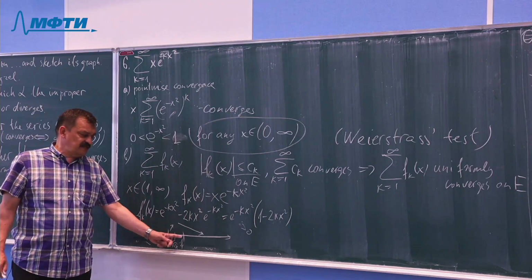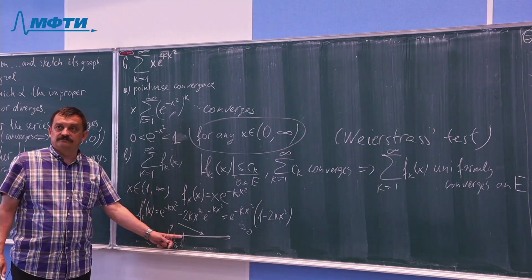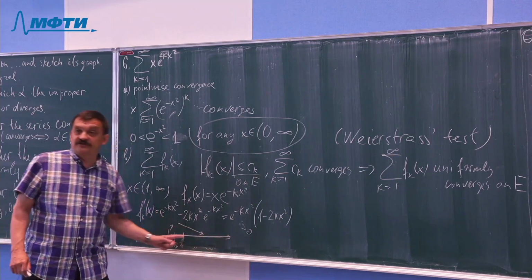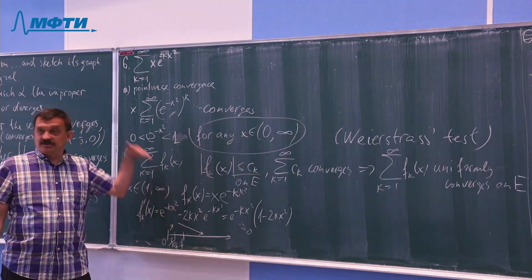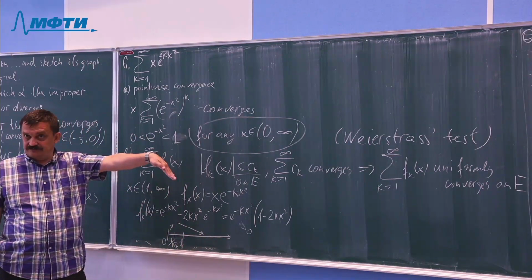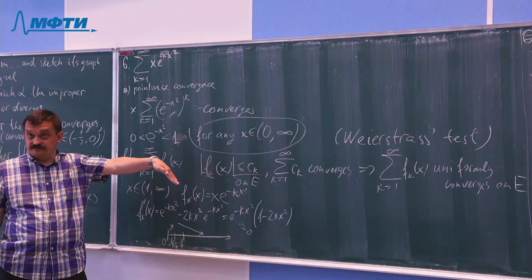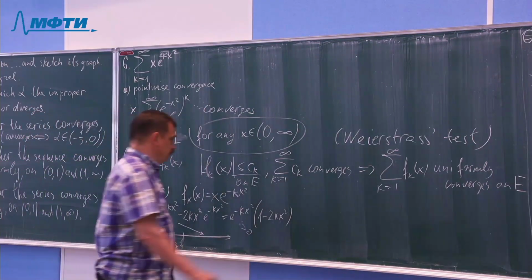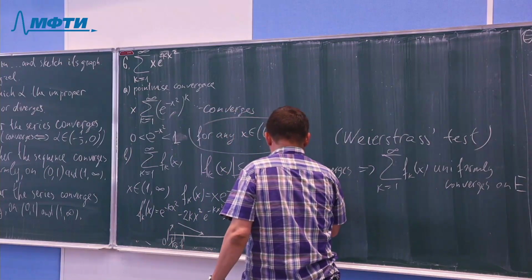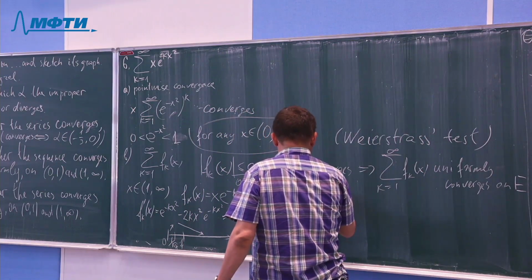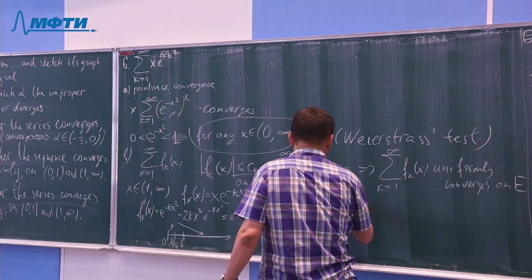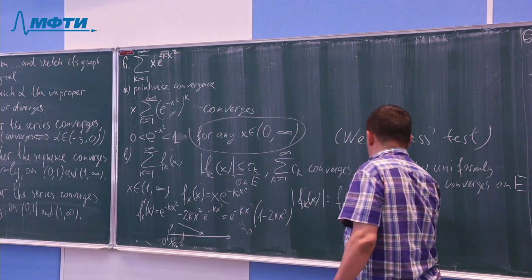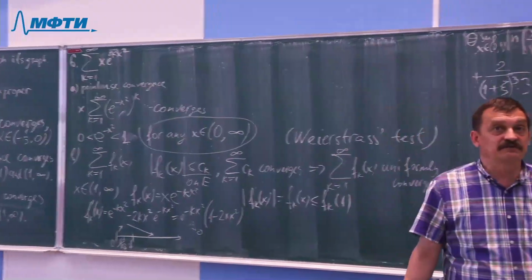So where is the maximal value? Over 1 to infinity, the function is decreasing always, and positive. So the maximal value: f_k(x), without modulus, is less than or equal to f_k(1). That is the maximal value.